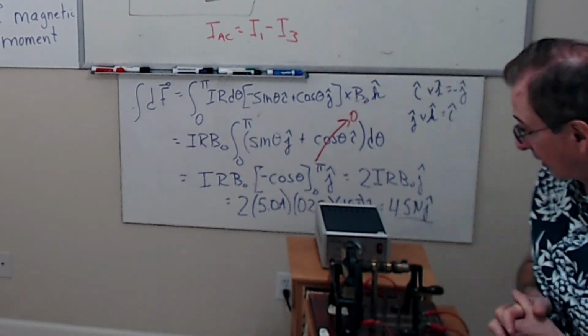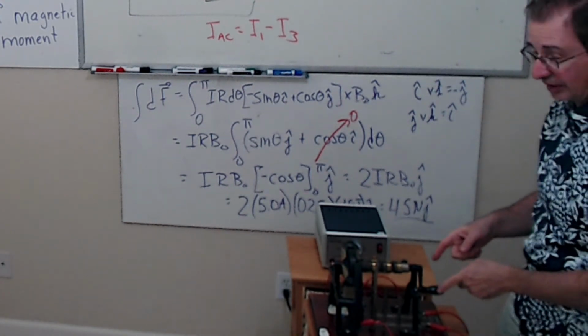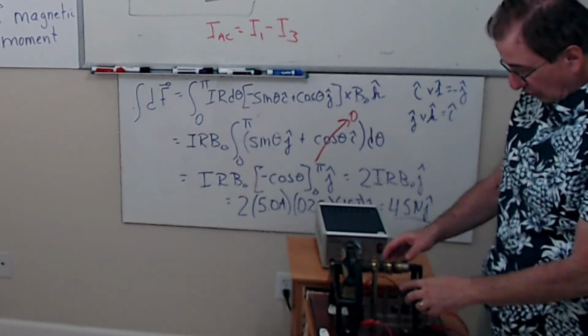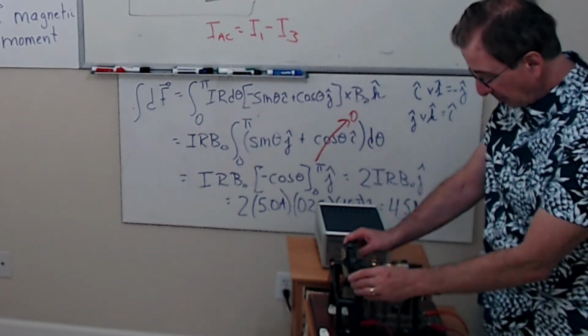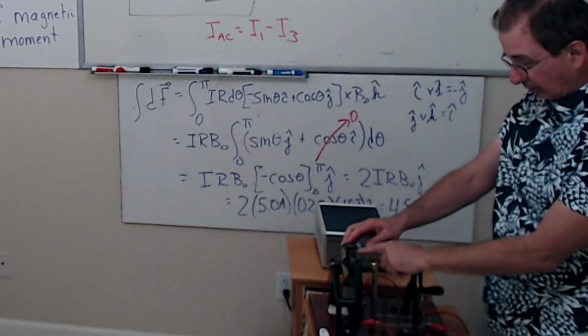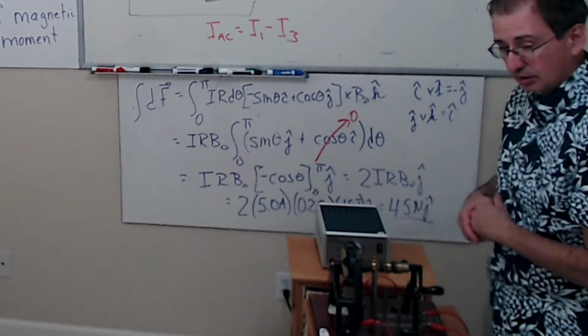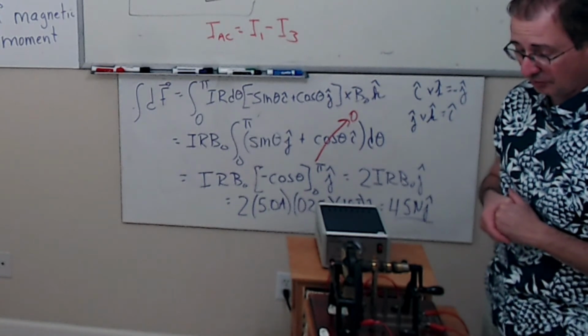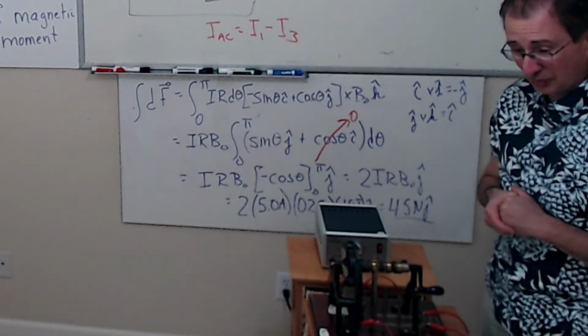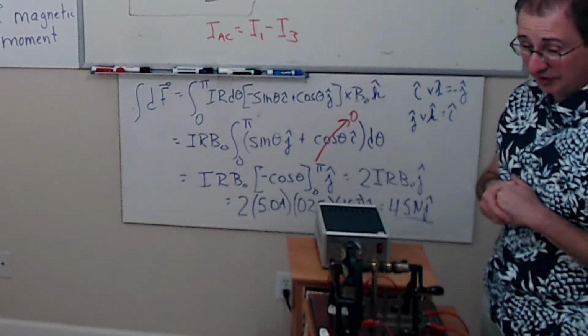Now, the one important thing I did here that I don't want you to do is, when I hooked this up, I hooked the magnet and the coil in parallel. You're not going to do that in the lab, because you might be running too much current and maybe melt a coating on the wires. You're going to have to wire everything in series.